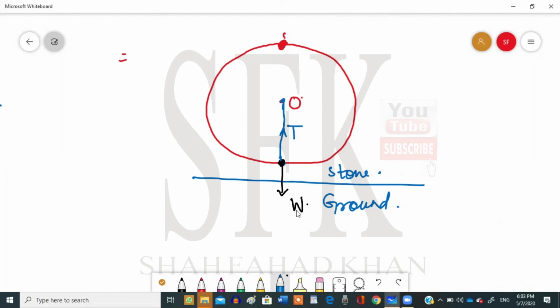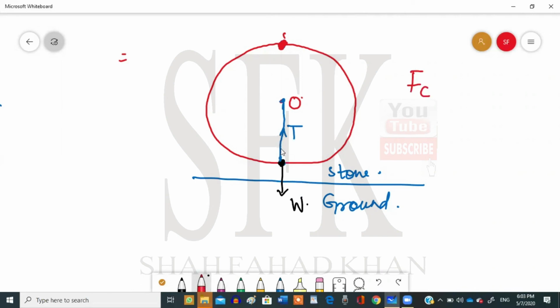Now this tension and the weight are there. Now guys, this object moves in a circular path. Why is it moving in a circular path? The reason behind every circular motion is what I just told you at the start of this lecture, the centripetal force, right?